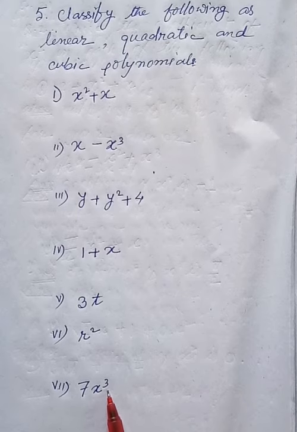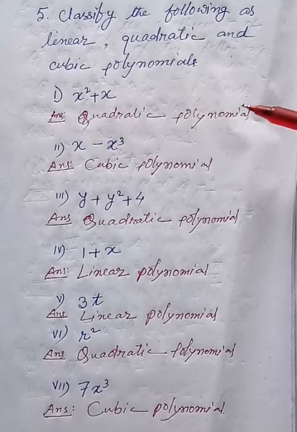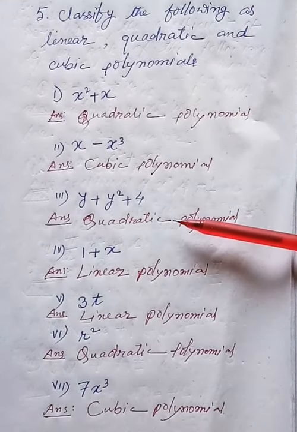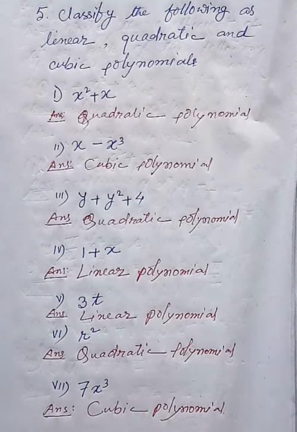This is the degree of the polynomial. Since the degree of the polynomial is 3, it will be a cubic polynomial. So all the answers are written here, that is, which type of polynomial it is. You can pause the video and see the answers. Thank you.